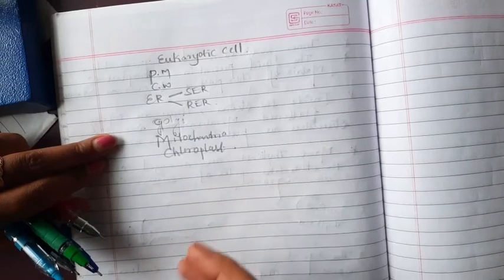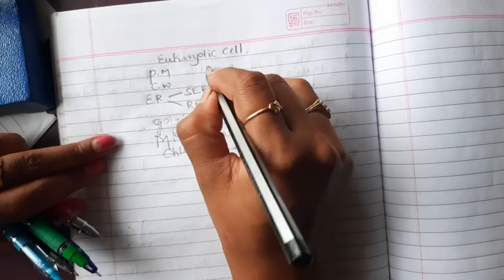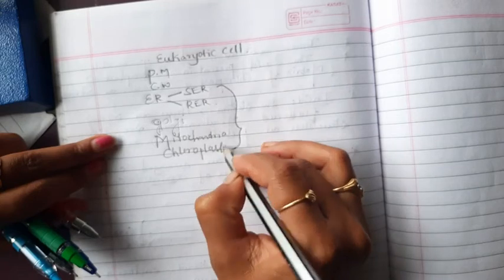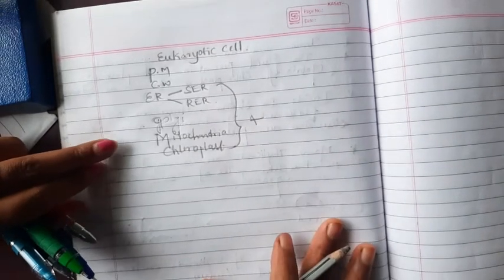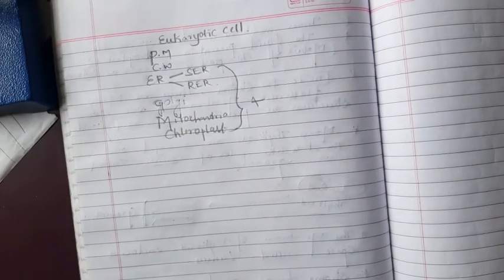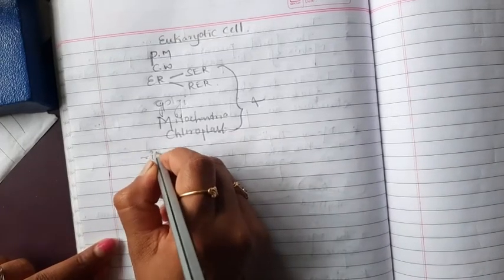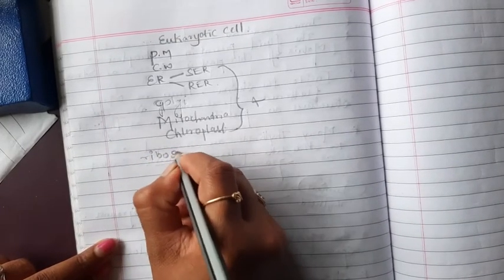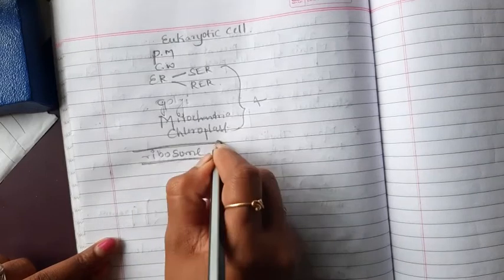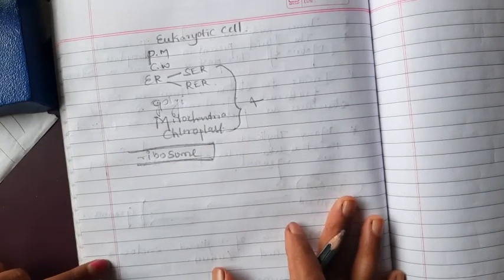Then we already completed 4 cell organelles. Okay. In the next class we will discuss about ribosomes and lysosomes.